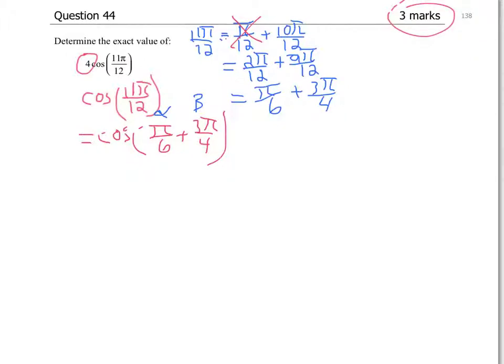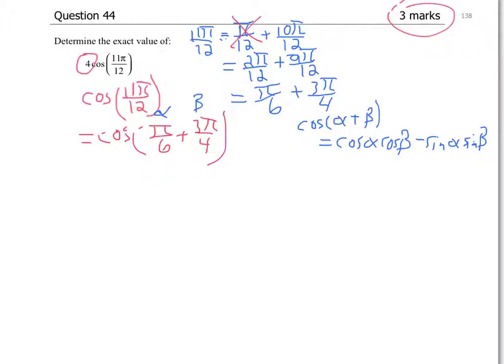I'll just write out this formula on the side here. Cosine of alpha plus beta can be written as cos alpha cos beta minus sine alpha sine beta.